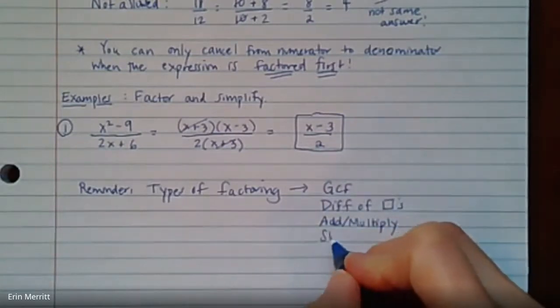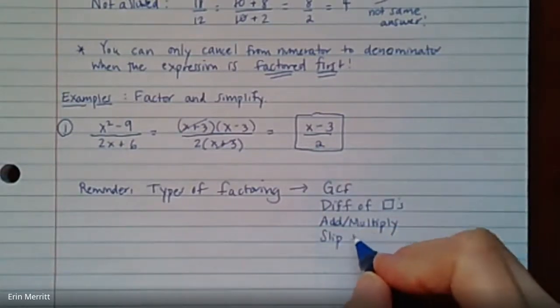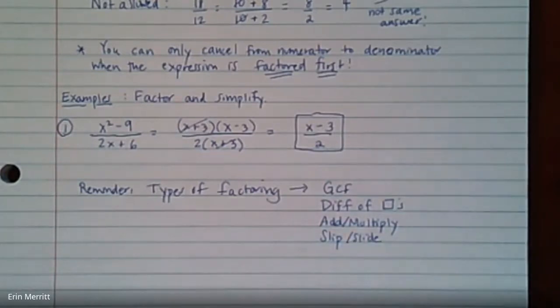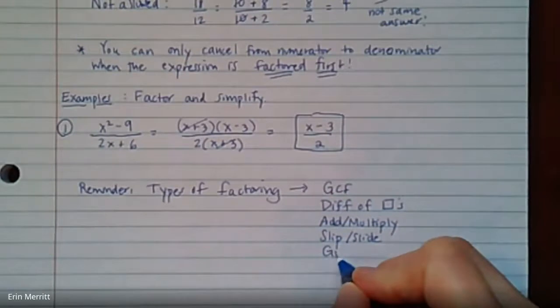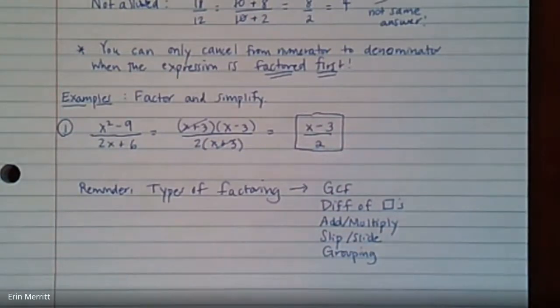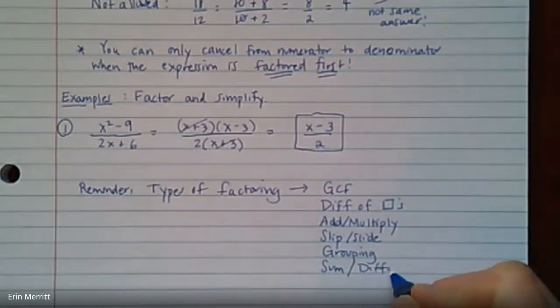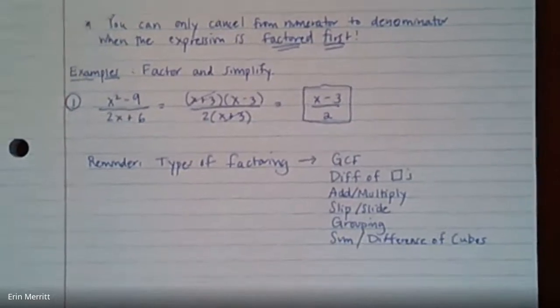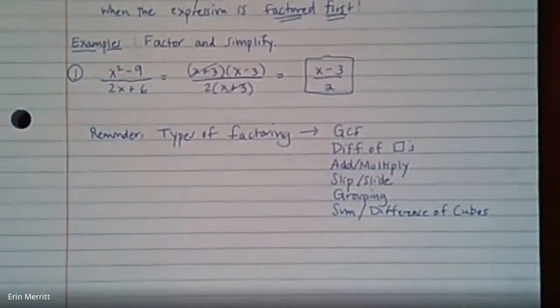With that goes slip and slide, or whatever the heck we called it. Slip, slide, divide, something. There's factoring by grouping. And then we also talked about sum and difference of cubes. So all of those types of factoring can present themselves here, and you want to be prepared for them.